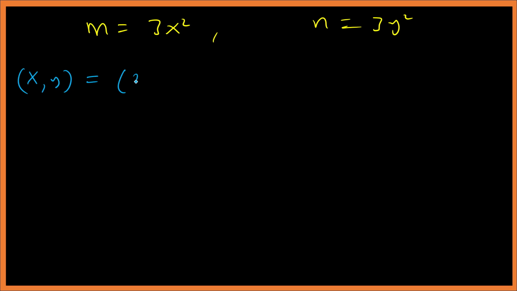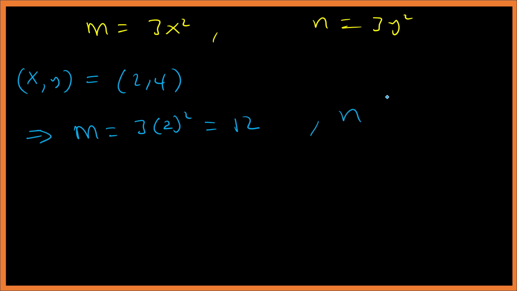Now from here, if x is 2, this is x, this is y, so m will be 3 times 2 squared, that will be 4 times 3, 12.